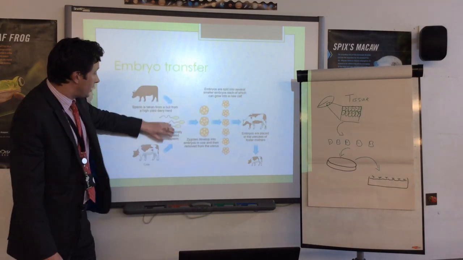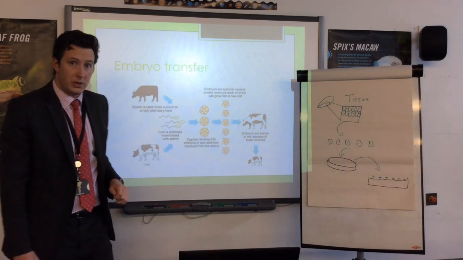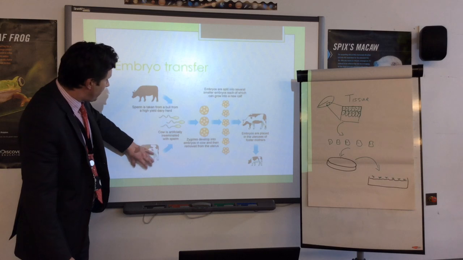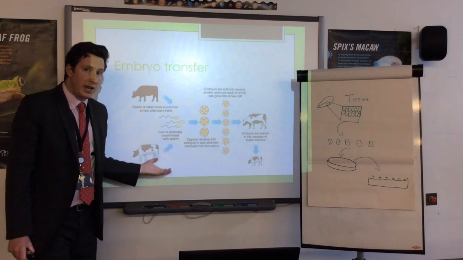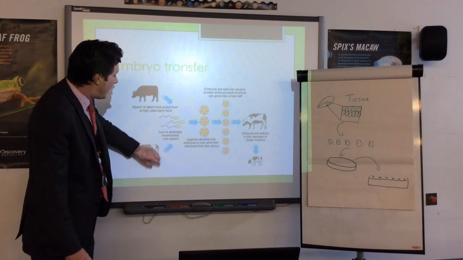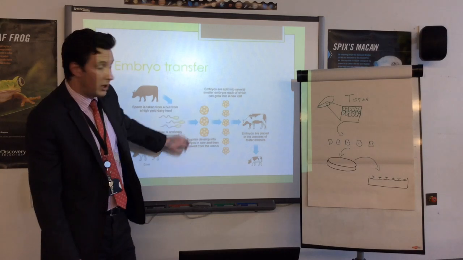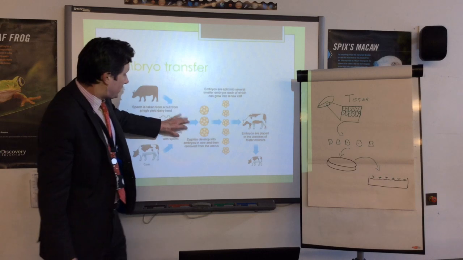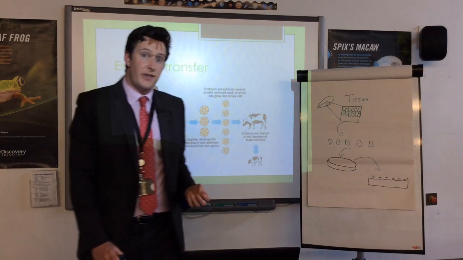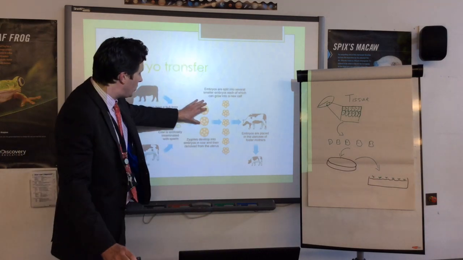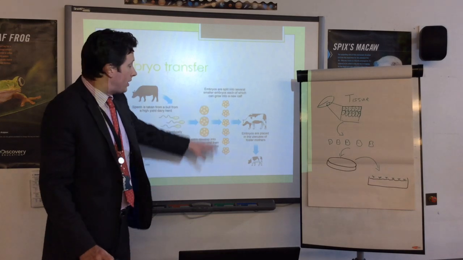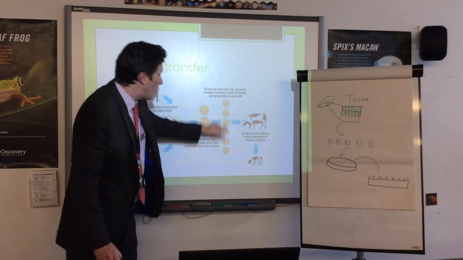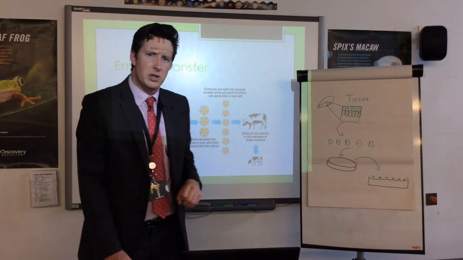So they take the sperm from a bull which produces a high yield of milk, and they take an egg from a cow, or they artificially inseminate the cow straight away. Either way, they can take the egg out and do it externally, or do it inside the cow. But once they fertilise the egg and let it divide a few times into an embryo, they isolate those embryos and split them up into smaller embryos, still a small bunch of cells.